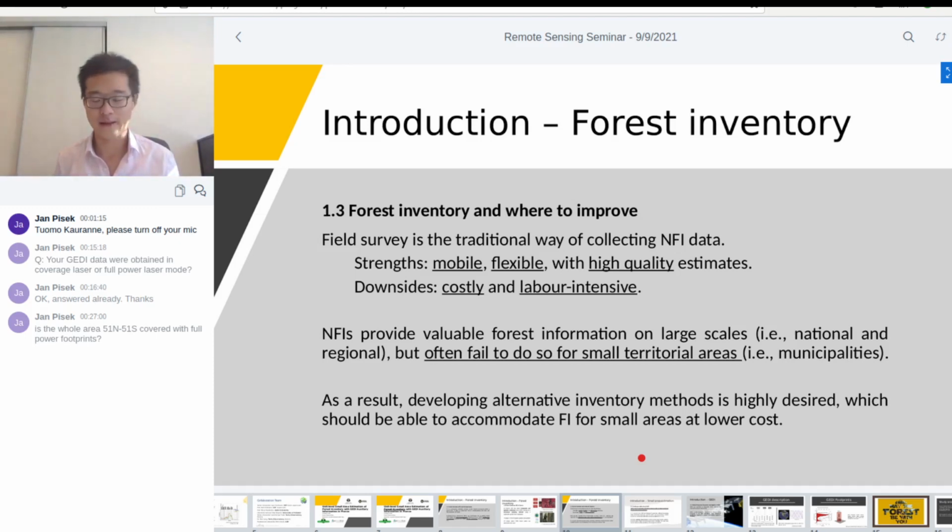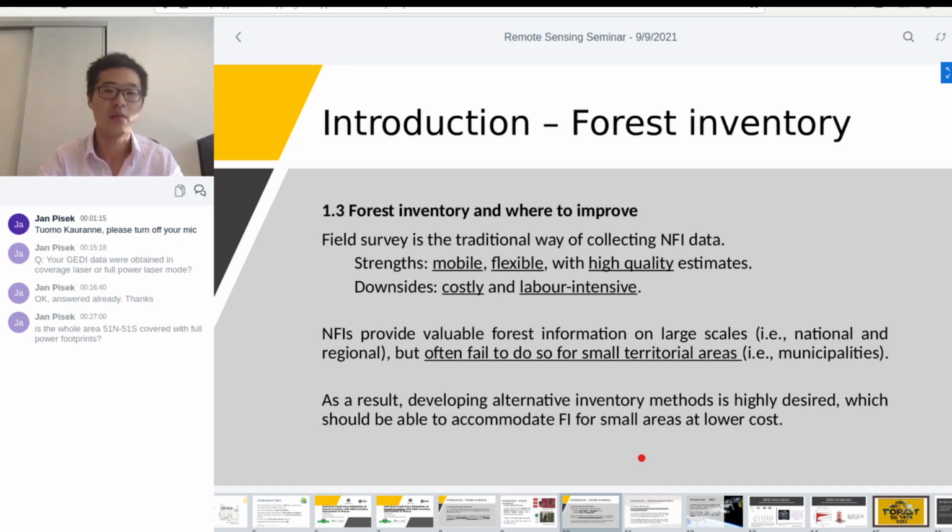As a result, alternative inventory methods are highly desired, and they should accommodate forest inventory estimation for smaller areas at a lower cost and possibly with increased accuracy and precision. And in response to that, small area estimation came into being.